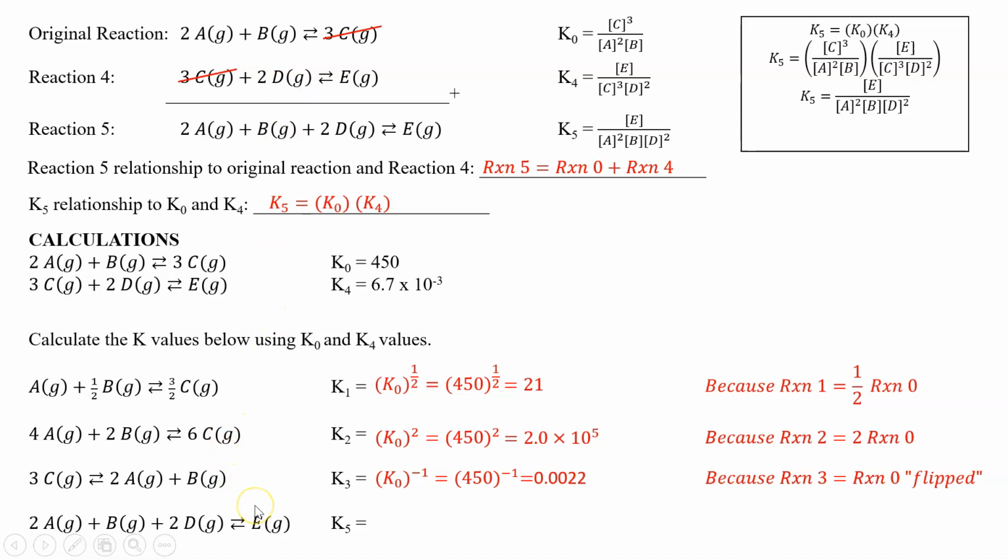So if I have reaction 0 plus reaction 4 being added together, then their K values need to be multiplied. 450 times 6.7 times 10 to the -3rd. I end up with 3.0 if I'm rounding to 2 sig figs. And this is because reaction 5 is really just reaction 0 plus reaction 4, which means we have to multiply their constants by each other.